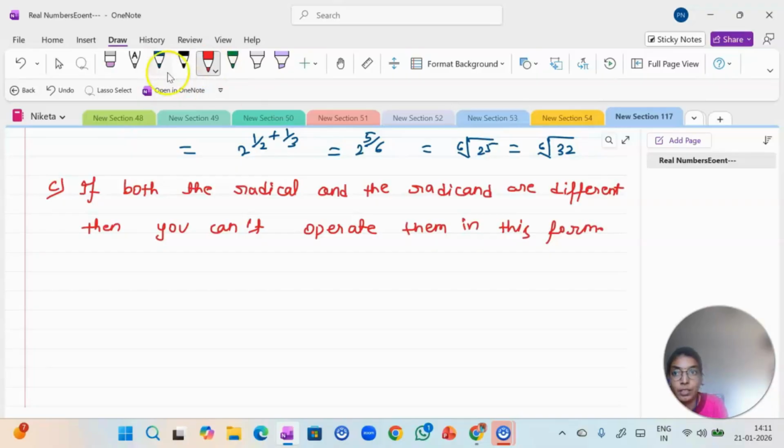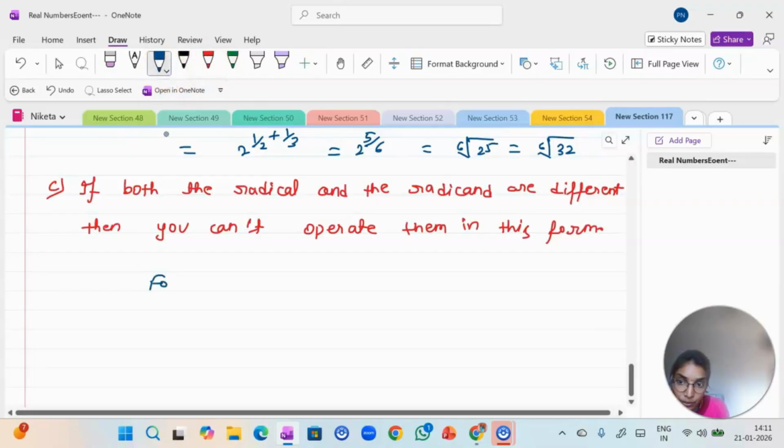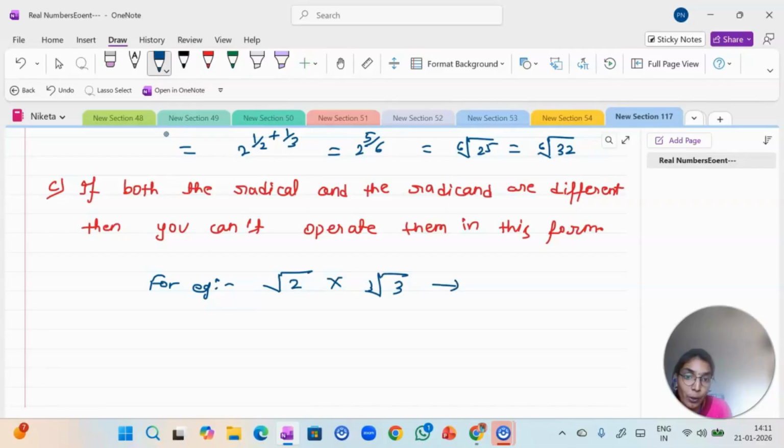Is it clear? Let's take one example for this as well. If you need to multiply square root of 2 with cube root of 3, then you can't operate on it.